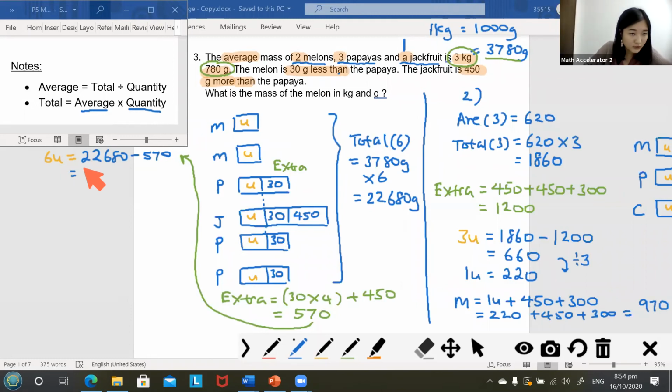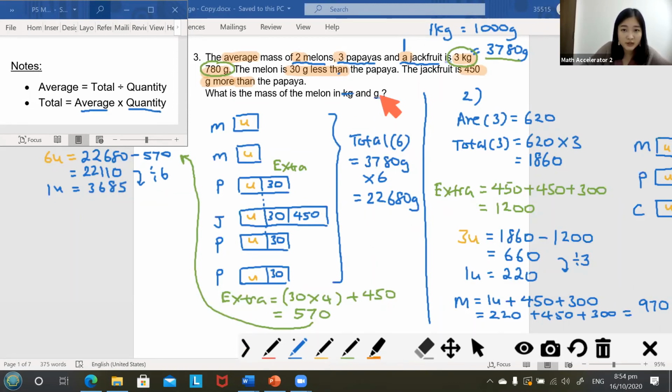Okay, thank you, Chloe. 22110. Okay, now find 1 unit. Okay, divide by 6. Yep, because you take away the extra, so you're left with this. So you divide by 6. 3685. Okay, can we leave our answer like this?